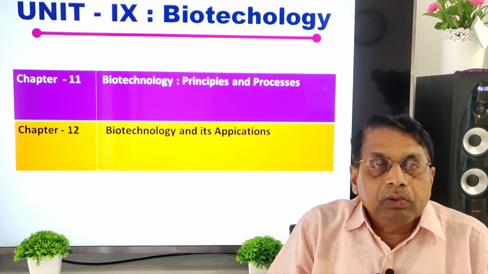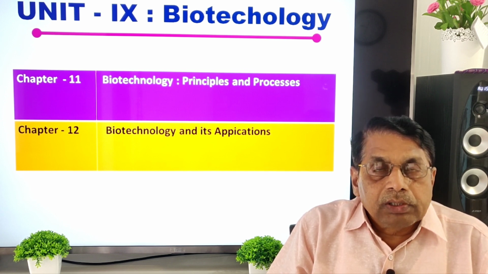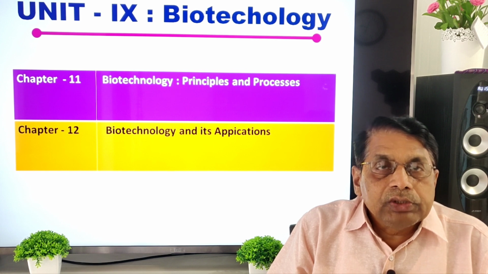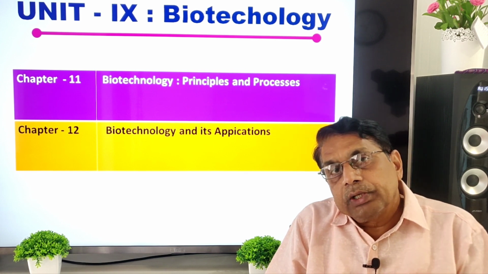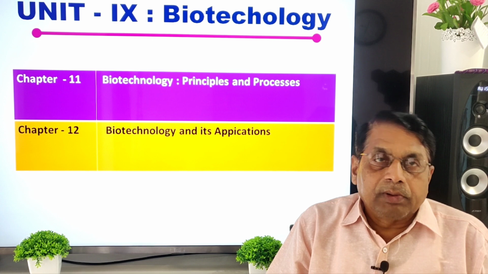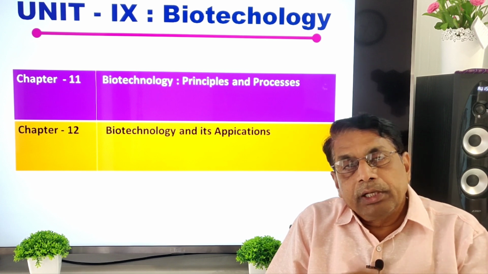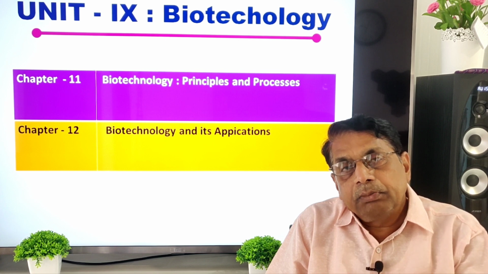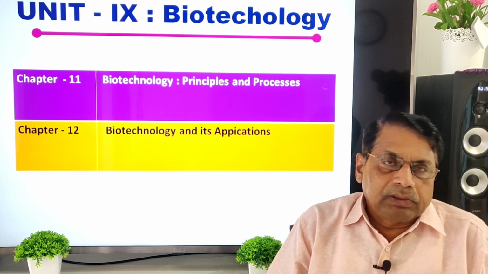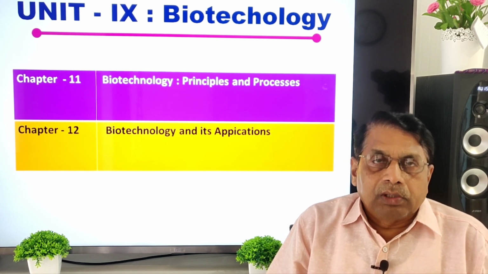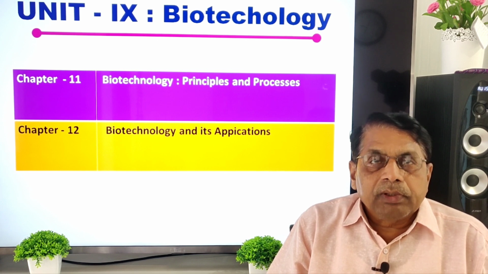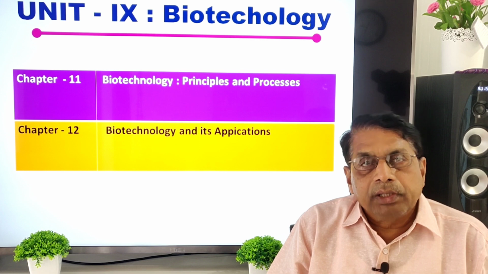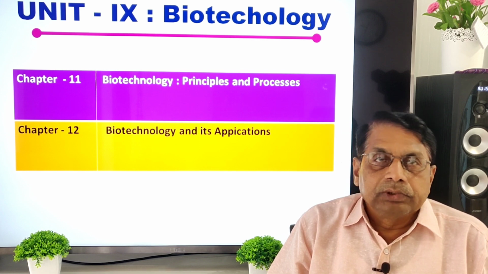Now we are able to move a gene from any organism to any organism, from plant to animal, animal to plant, from plant to bacterium, from bacterium to any other. Suppose whatever the insulin we are getting today, it is coming from the bacterium, E. coli, recombinant E. coli.